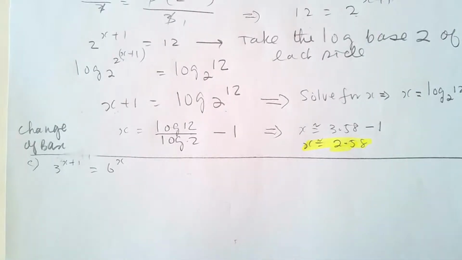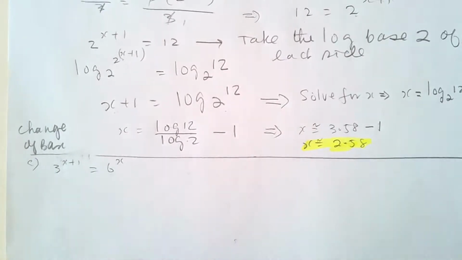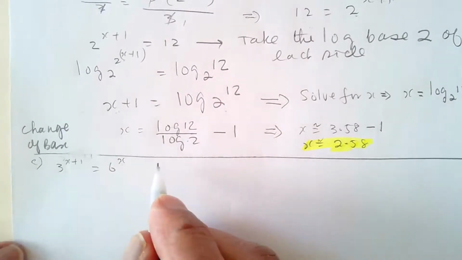Follow the same process as we did earlier. We will take the log. In this case, we'll take a common log because notice these are all to the power unknown exponent. So in this case, we take the common log of each side.